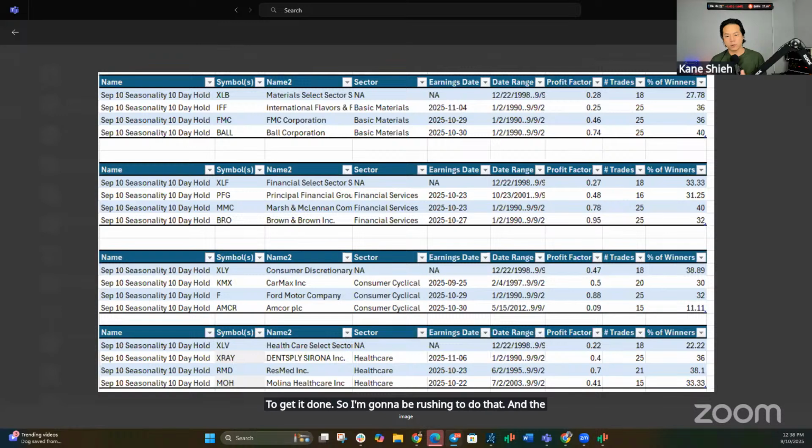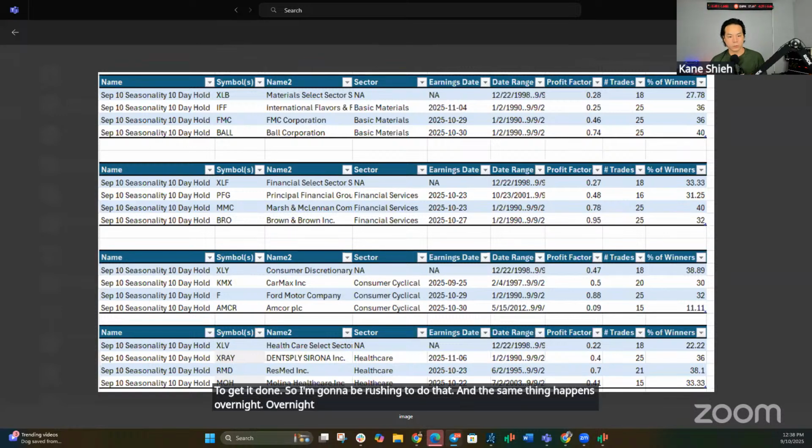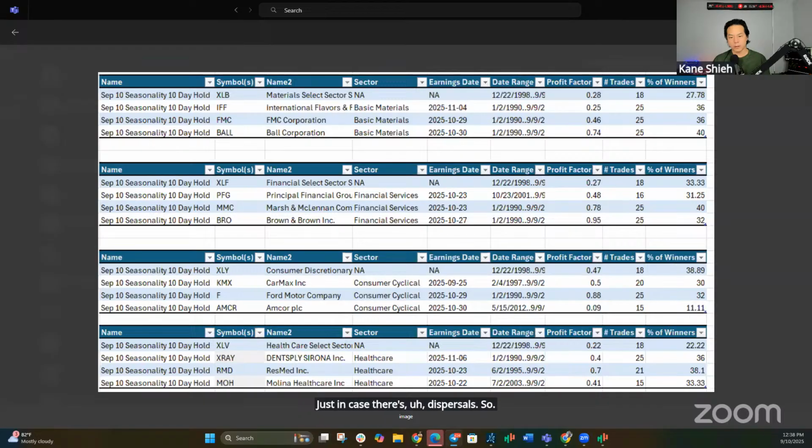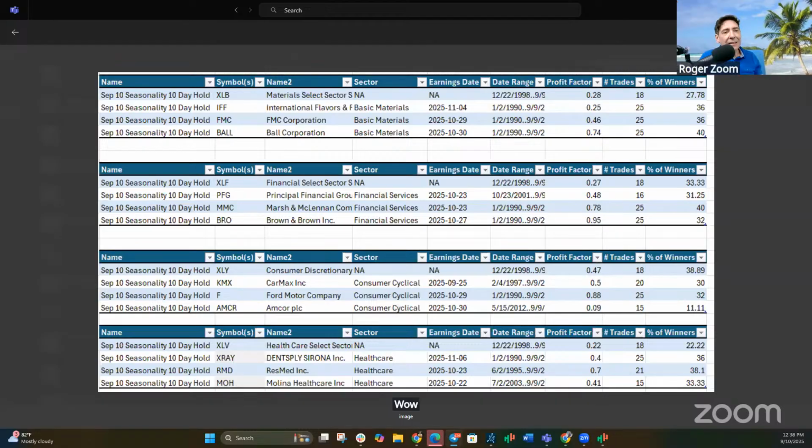The same thing happens overnight. Overnight, a lot of people put in their orders, or decide to take money out or add money in. So in that first hour, I'm scrambling to get that cash invested or free up cash in case there are dispersals. So seasonality will work starting from hourly all the way up to several years sometimes. Wow. Exactly. Absolutely.